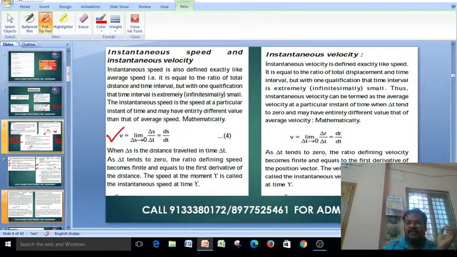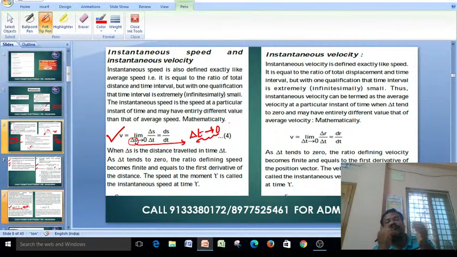It is v equals limit delta S tends to 0, delta S divided by delta T, equals ds divided by dt. Here there is a printing mistake, so this is delta T tends to 0. Here we represent the time as nearly equal to 0. Instant time is in microseconds.